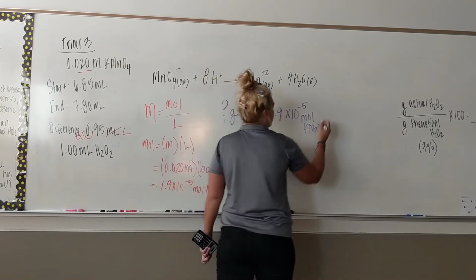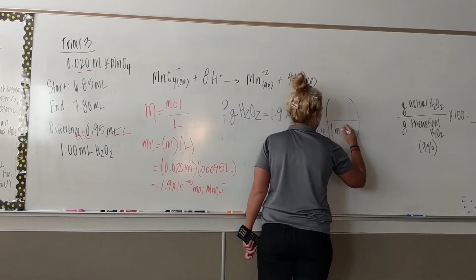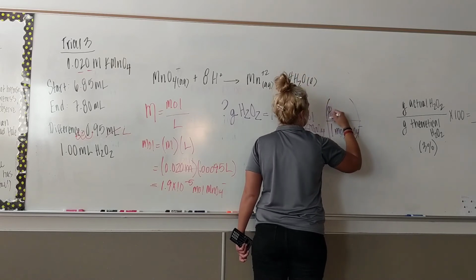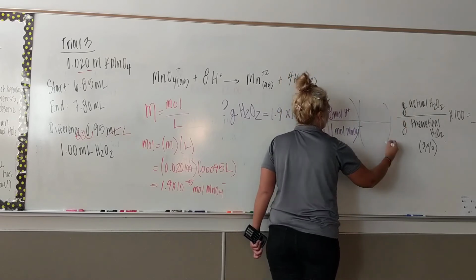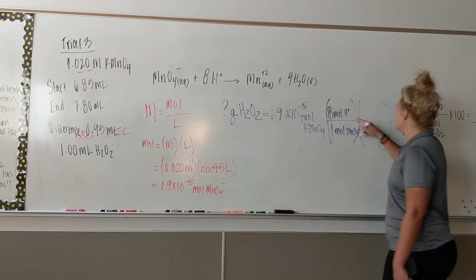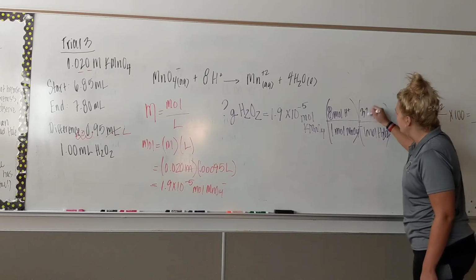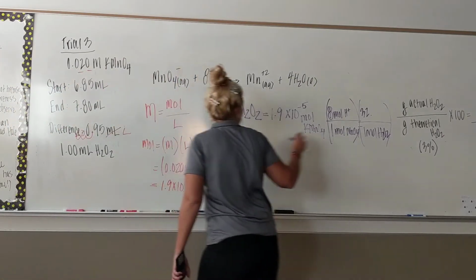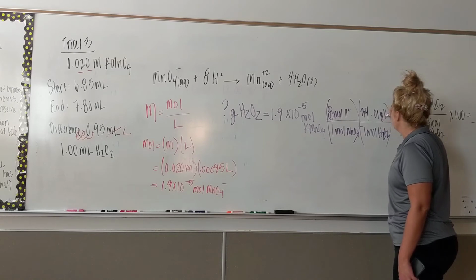All right, so then for every 1 mole of the MnO4, I have 8 moles of H+, and then I'm going to keep going. For every 1 mole of H2O2, I'm going to have the mass of hydrogen peroxide, which is 34.01 grams.